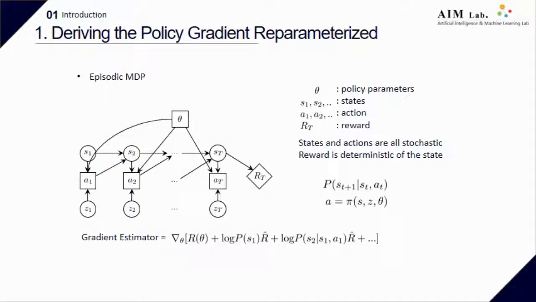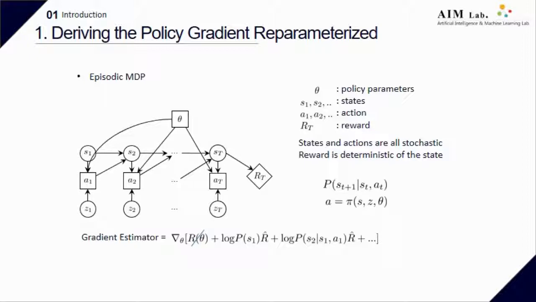Let's consider the gradient estimator in this case in detail. The formula can be rewritten as follows. The reward R depends on theta, so R of theta should be contained in here. And we add log P of S1 plus log P of S2 given S1, A1. Let's differentiate this with respect to theta. For differentiating R of theta, all the stochastic nodes can be considered as constants, so we can ignore this term.